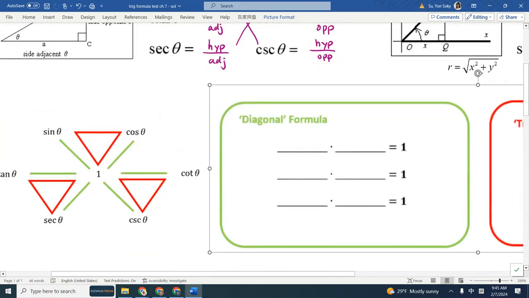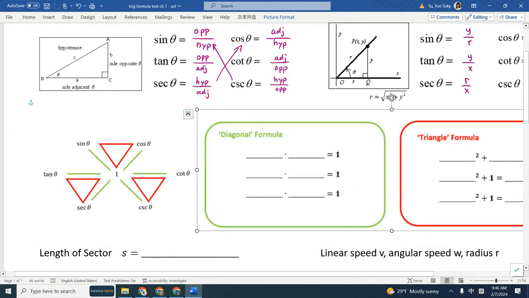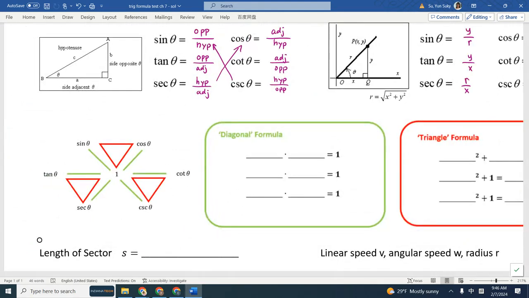Now we have this hexagon. What is the diagonal formula? Kane. Sine theta, and make sure you put the angle theta, times cosecant theta is 1. Next one, Michael. Yes. Next one.